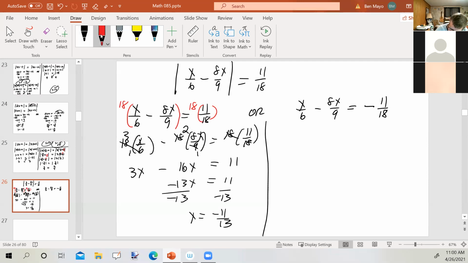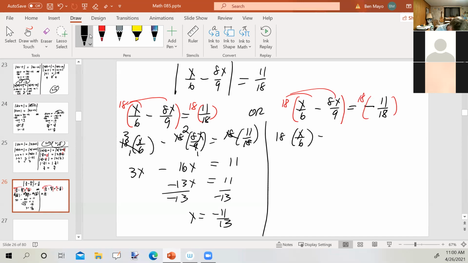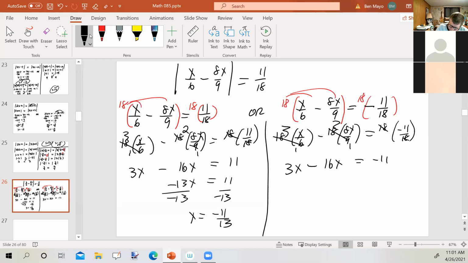Okay, the second situation, again, the LCD is 18. So again, we'll multiply both sides by 18 and distribute. So we get 18 times x over 6 minus 18 times 8x over 9 equals 18 times negative 11/18. 18 times x over 6 reduces to 3x, minus 18 over 9 is 2 over 1. 2 times 8x is 16x, equals 18 times negative 11/18, which is negative 11.